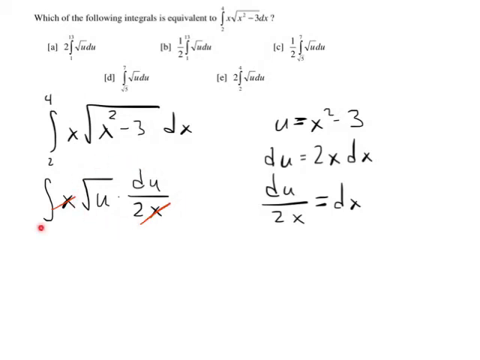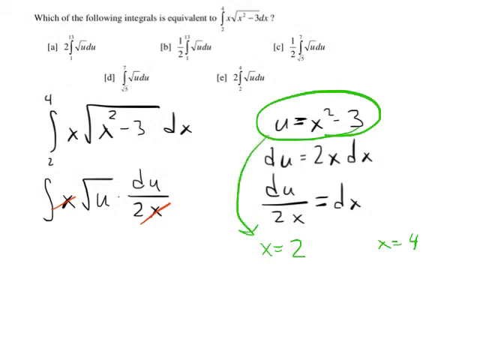The only thing I need are the lower and upper bounds that are now in terms of u. So remember how we did this last time. We said, well, the original lower bound was x equals 2. The original upper bound was x equals 4. Let's transform those using this substitution. u should be equal to 2 squared minus 3, which means the u value will be 1.